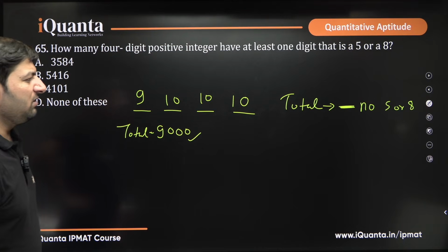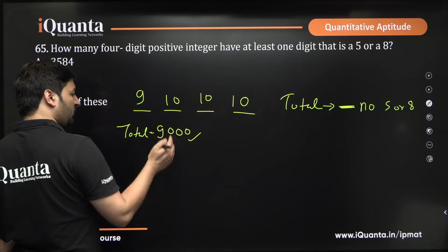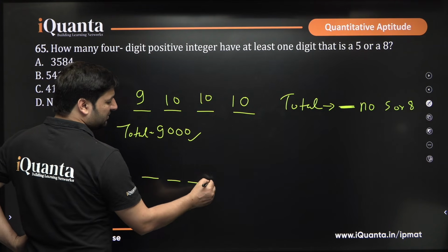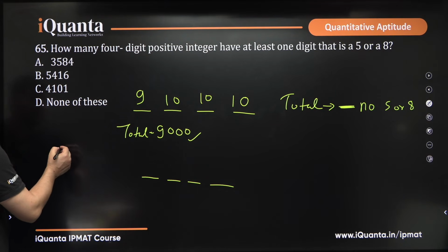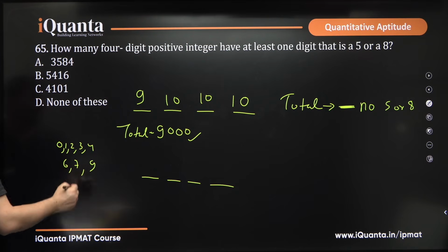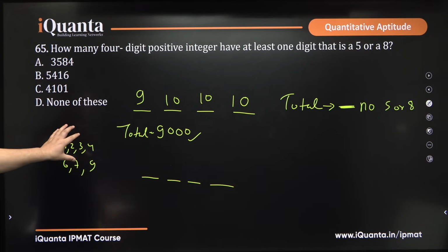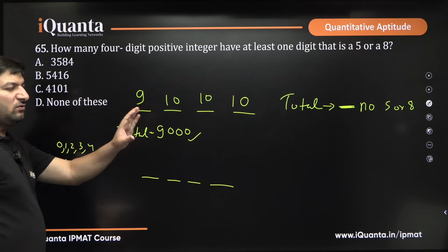You want numbers now which have no 5 or 8. Okay, let's see numbers which have no 5 or 8. So we need a 4-digit number, there should be no 5 or 8. So what is allowed then? We are allowed to take 0, 1, 2, 3, 4, 6, 7, 9. Only these digits can be used, because only in the case we use these digits, there will be no 5 or 8, right?